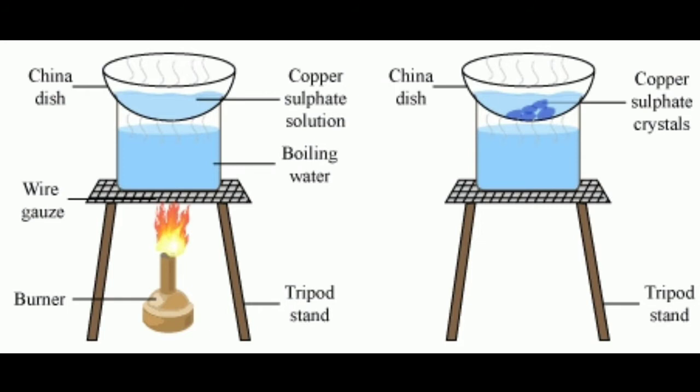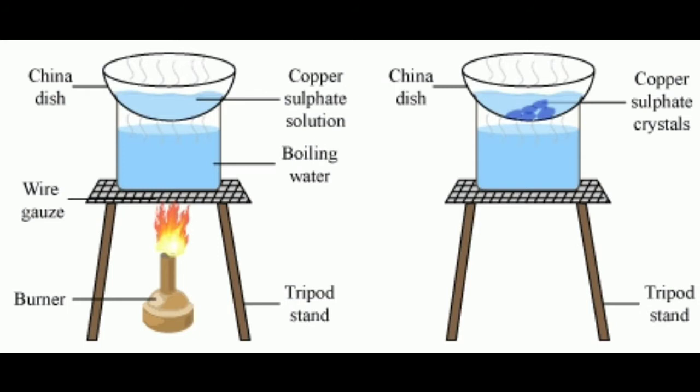in a china dish. The first diagram is the heating of copper sulfate solution in order to crystallize copper sulfate. And the second one, the china dish, shows copper sulfate crystals. And see, by heating, it is not necessary to wait for a day.